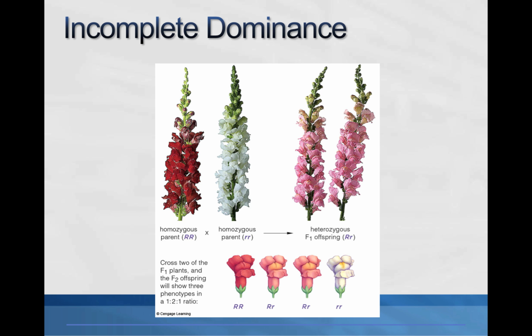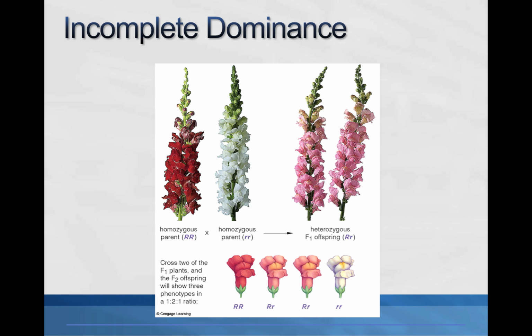So here is a picture of it. We're talking about mating a homozygous red with a homozygous white, and you end up with the F1 heterozygous offspring. What has happened in this condition is you see pink. You need 2 red genes or alleles in order to fully express red.